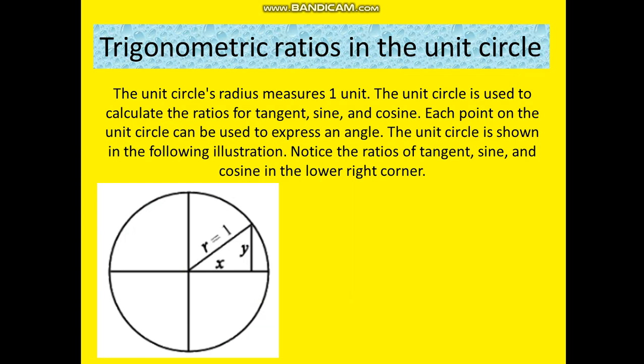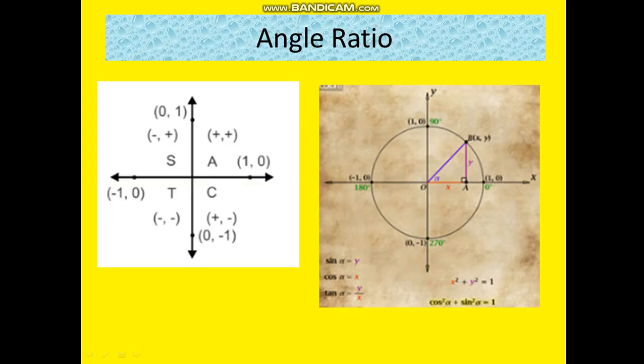When you look at this diagram, along the x-axis, which is the horizontal, you have x, and the vertical distance is y. Looking at this diagram, we want to derive some concepts about angle ratio: the concepts of sine, cosine, and tangent. The circle is divided into quadrants.